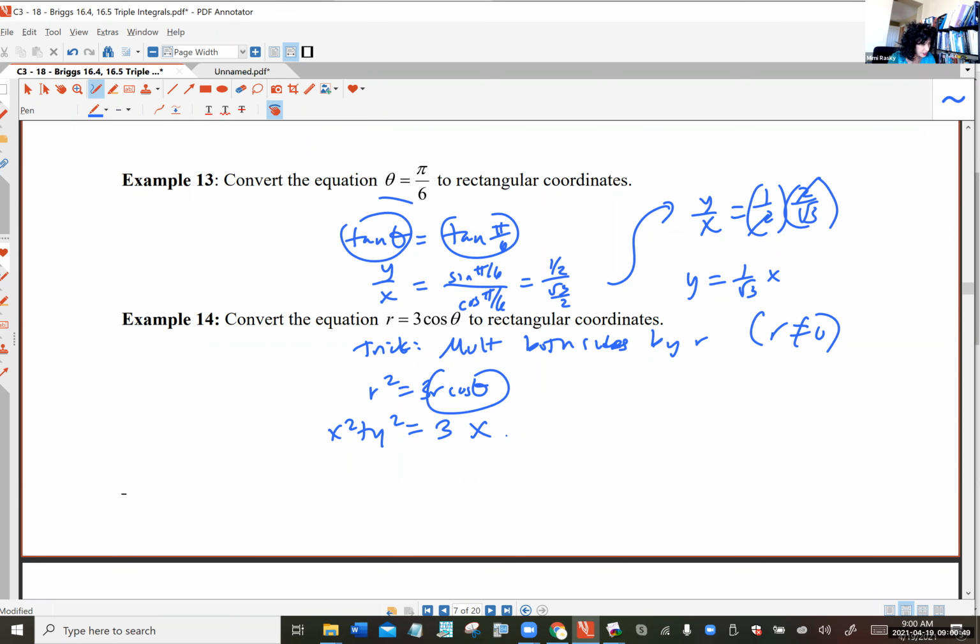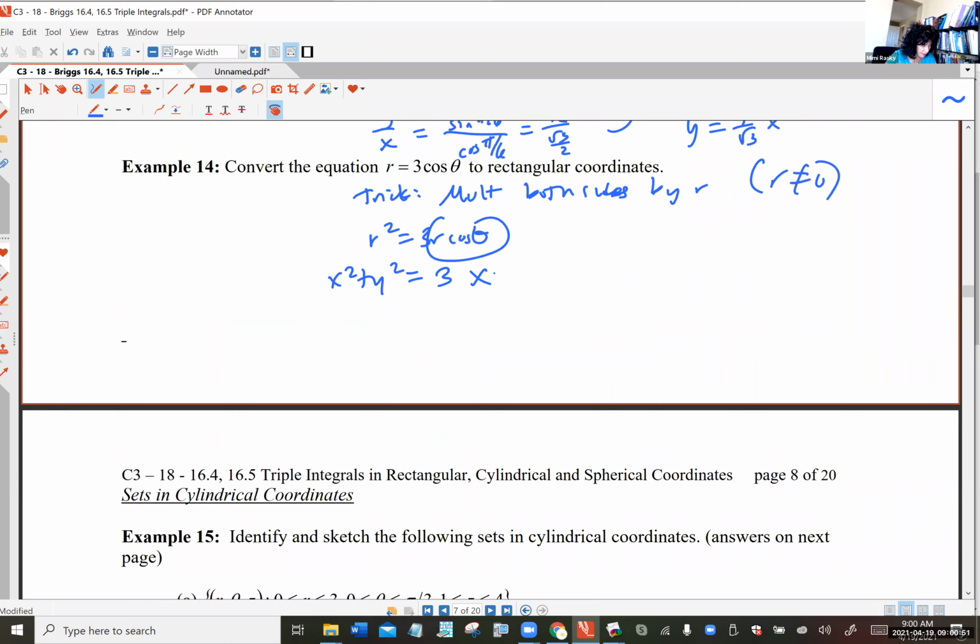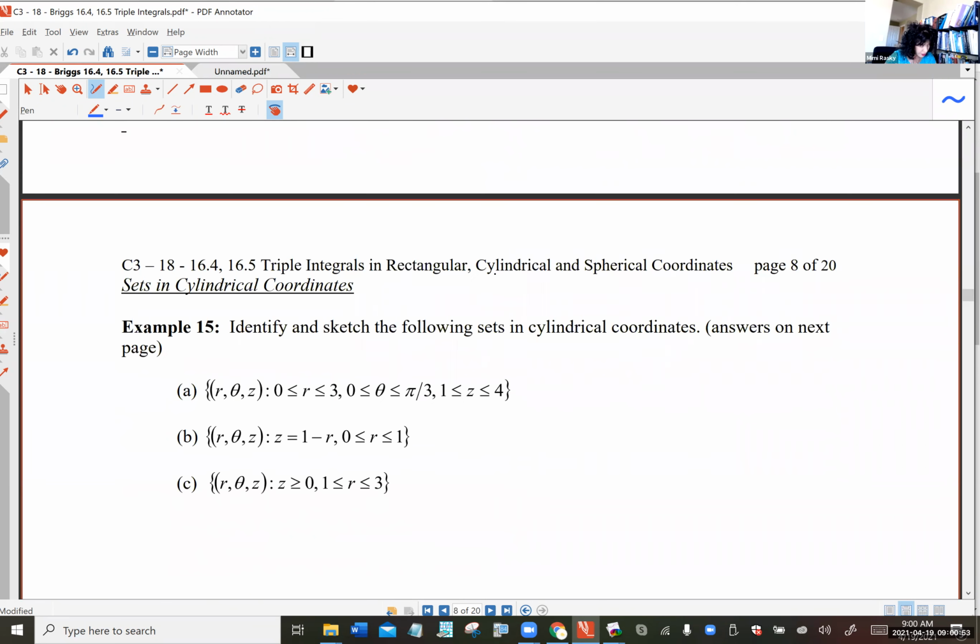Now on the next page, there's some set notation here. What the heck? When do you convert to cylindrical? Like, who cares? Do you always convert to cylindrical every time you get a triple integral? No, of course not. My goodness. Just like you don't always convert to polar coordinates every time you get a double integral.